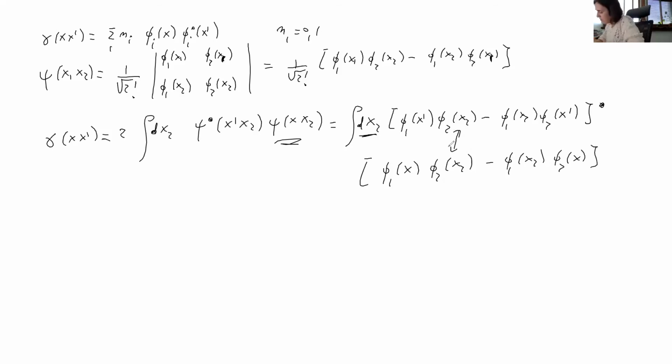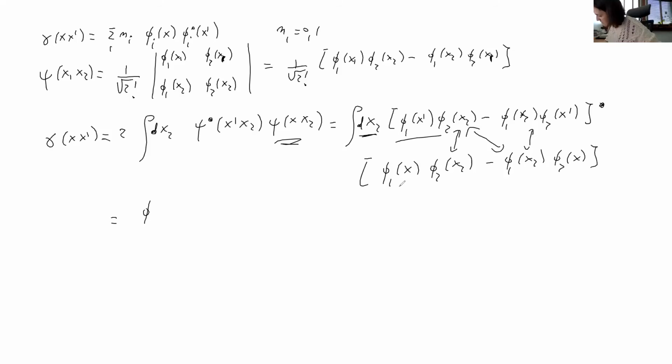So this gives me a contribution that is non-zero, this as well, because I integrate over x2, and x2 is in the same orbital, while terms of this kind will be 0. Because x2 is here in phi 1 and here in phi 2, so the integral will give us 0 because the orbitals are orthogonal.